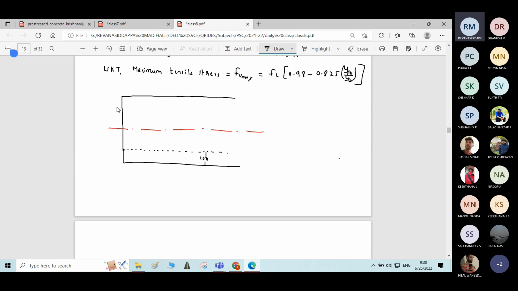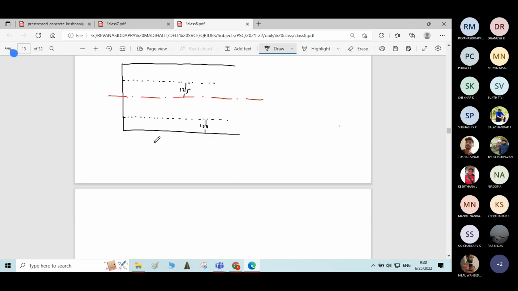And somewhere here we have cable 2, which is at a distance of 125 mm above the central axis. And for each cable there are anchor plates provided.